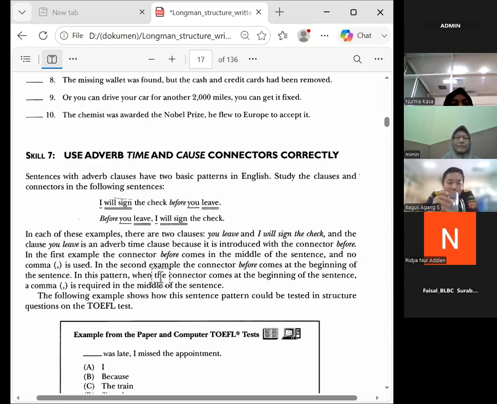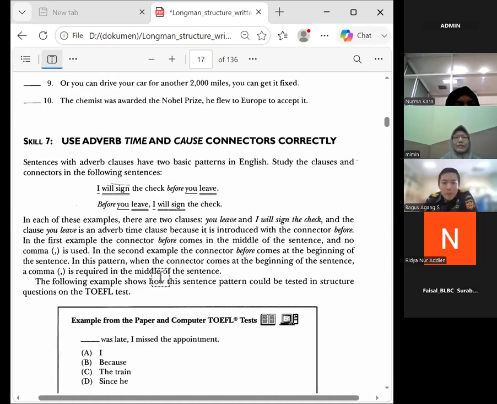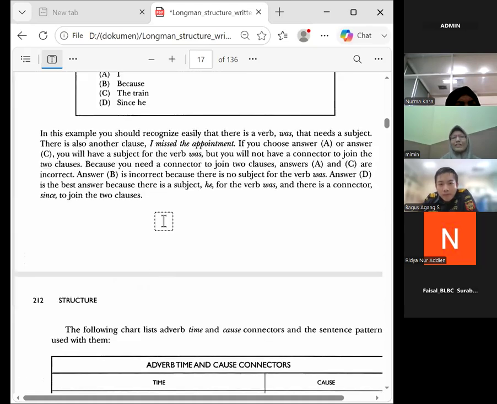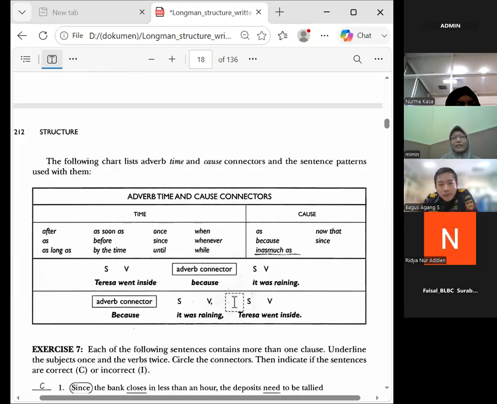All right. Now we are going to deal with, I believe you have this in your file, adverb, time, and cause connectors. There are quite a lot here.